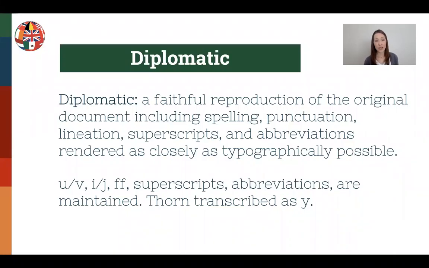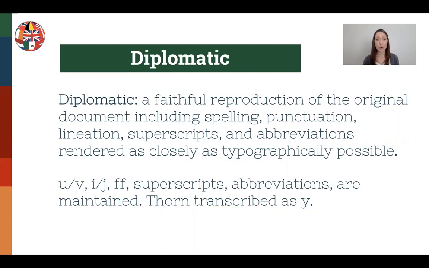You just put in exactly what you see. Same with the INJ, same with the lowercase double f. And we talked about that, how you may feel like you could use a capital F. That's fine. I'm not going to argue with anybody, but if you're doing a diplomatic transcription, you're trying to get it to look visually as close to the original as possible.